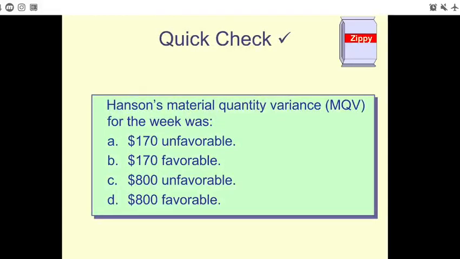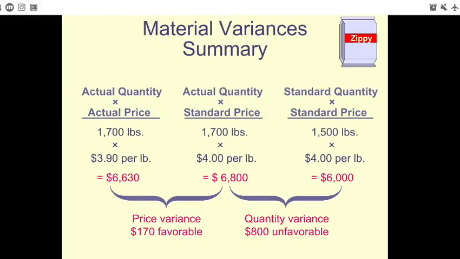To calculate the material quantity variance, there is a formula, and if you use the formula, you will get this answer. Material quantity variance is $800 unfavorable. You can check the formula to calculate the material quantity variance. So you will get the answer $800 unfavorable.